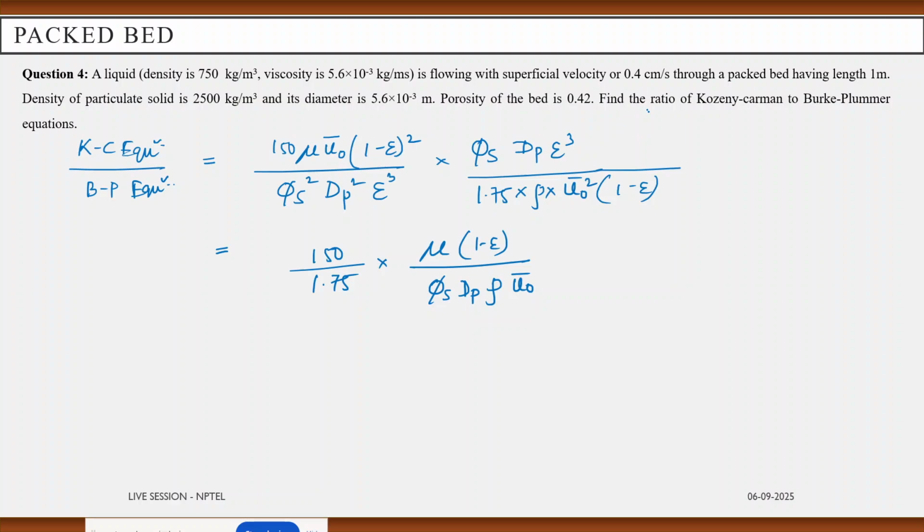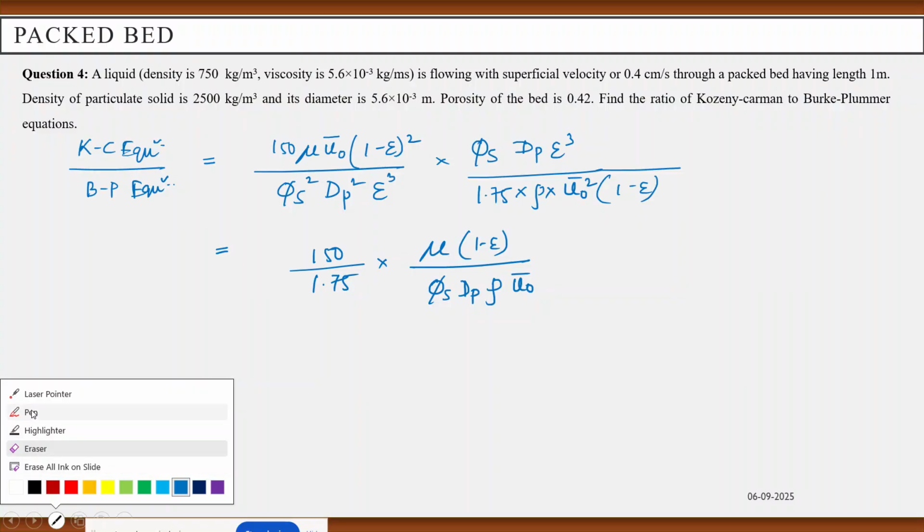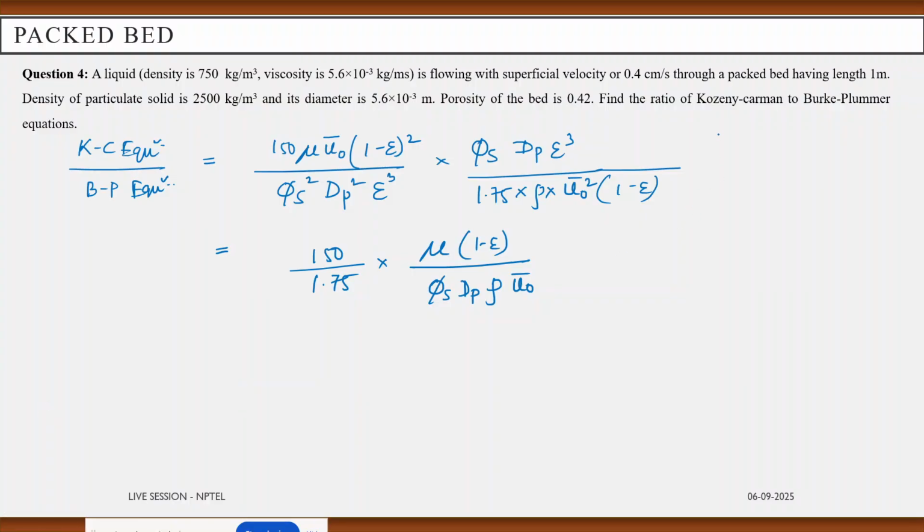Now you have all the values here, the given data.